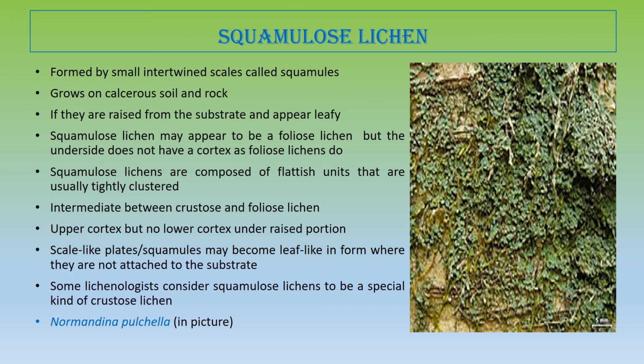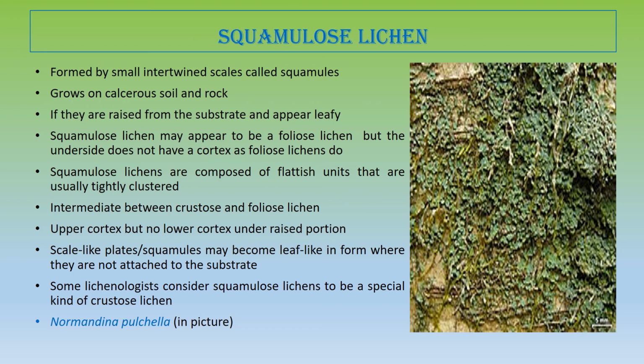It has characteristics very close to both crustose as well as foliose lichen. Some lichenologists, due to the similarity of squamulose lichen with crustose lichen, consider that squamulose lichen is a type of crustose lichen.